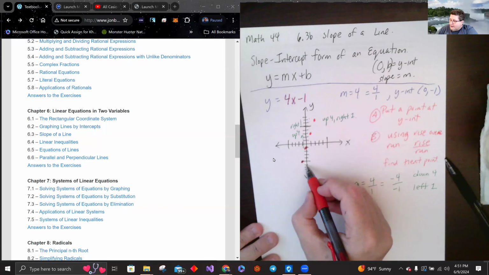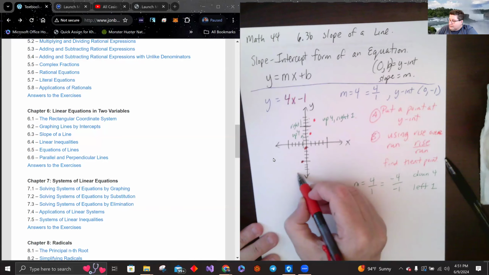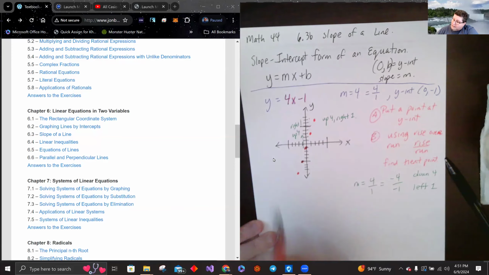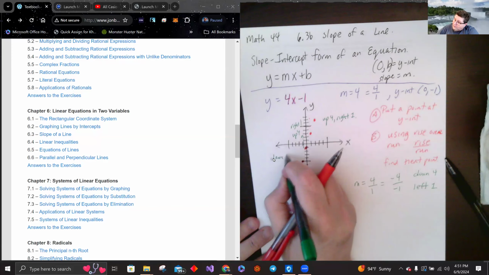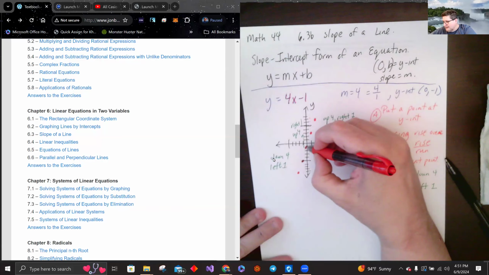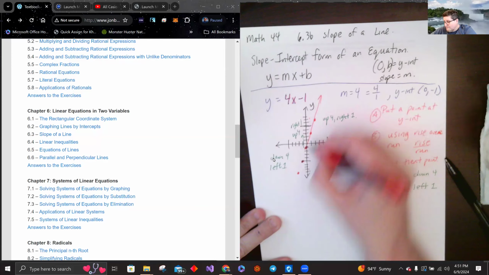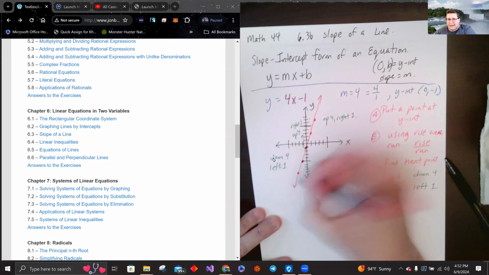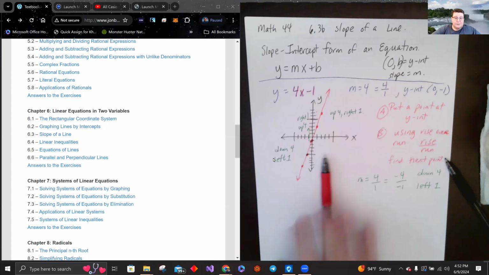I'll do it again. Down 4, left 1. I'm sketching it by hand and not using graph paper. That's what it's going to look like.